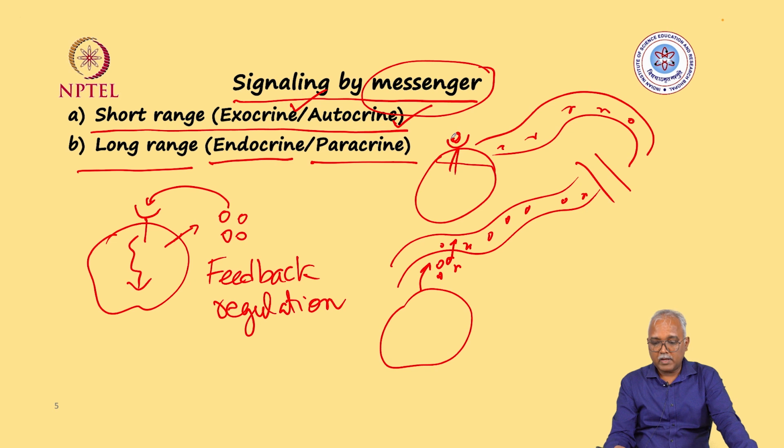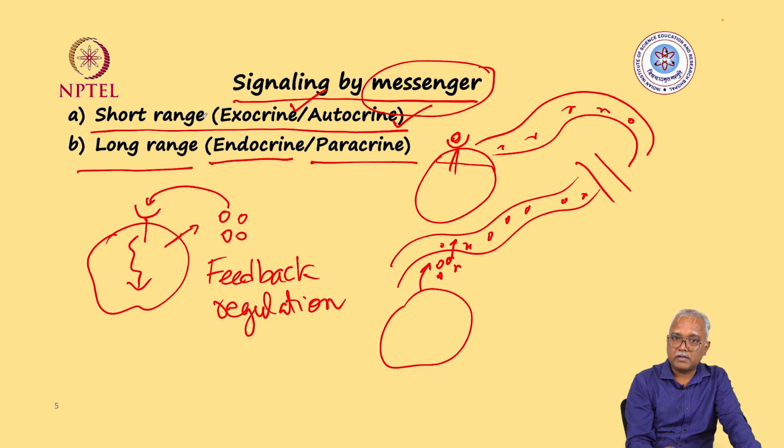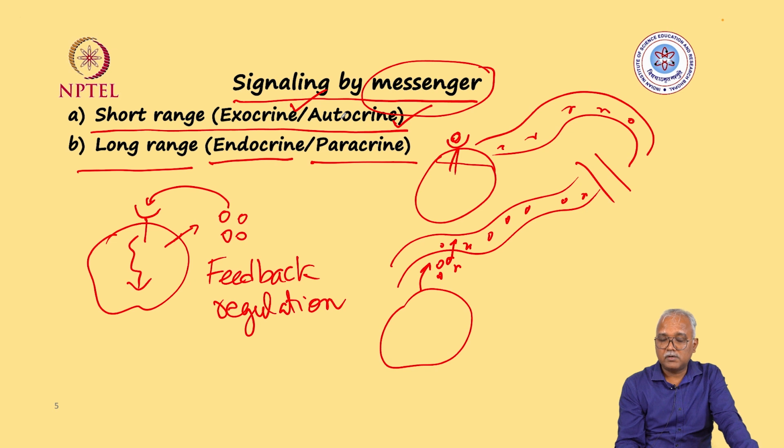So basically you will see that depending on the messenger travel, whether it is traveling a shorter distance or a larger distance, you can have a short range signaling, which is often seen in autocrine signaling or exocrine signaling, or the messenger is traveling a larger distance, which is often seen in endocrine signaling or paracrine signaling.